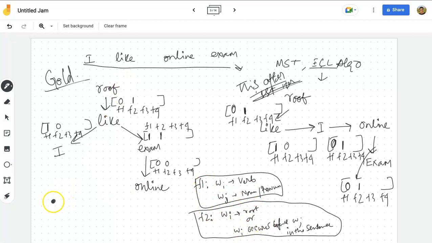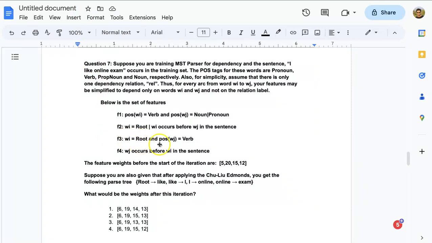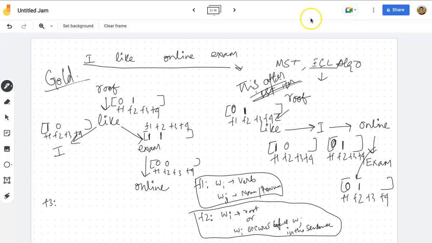Now let's check feature 3. What is feature 3? Feature 3 is wi is root and pos of wj is verb.